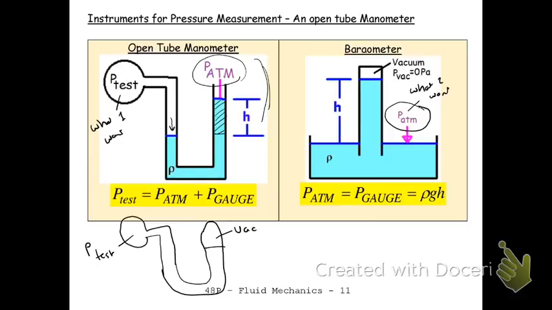And what you'd say is, P test is equal to, well, that's going to be 0, plus P gauge, because there's no atmosphere here, only an empty space. Make sense? So watch out for that being P atmosphere. It's not performing the same function that P atmosphere does. This is what you want to find out. And so in this case, P atmosphere is equal to just the gauge pressure.